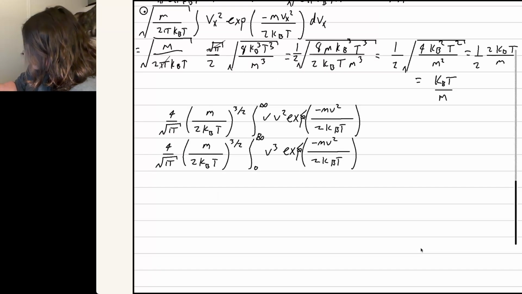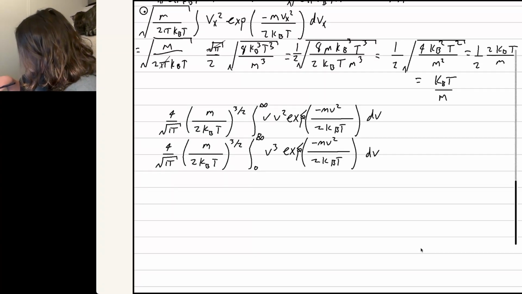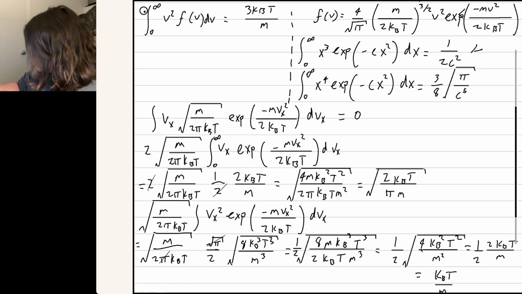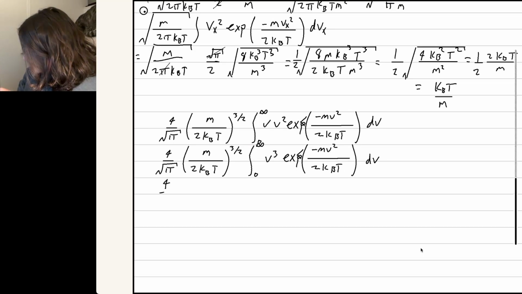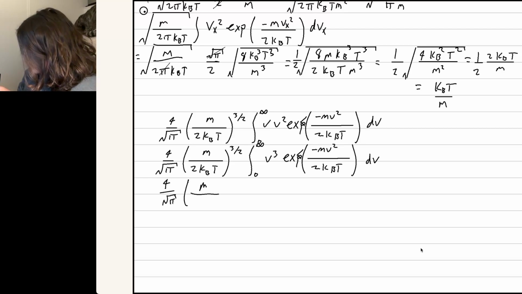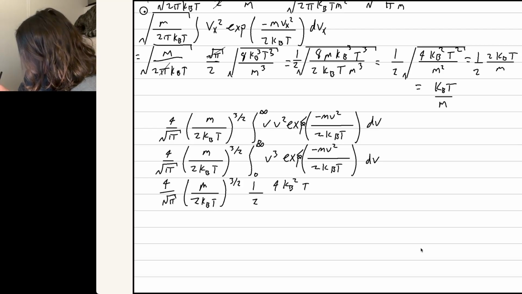And this has the form of this one that I wrote down. So it's going to have a solution where it's 1 over 2 c squared. So plugging that in, we have 4 root pi m over 2 kbt to the 3/2, and it's 1 over 2 c squared. So we'll put the 1/2 out here and then invert squared c, so 4 kb squared t squared over m squared.